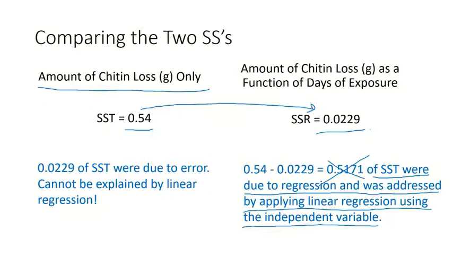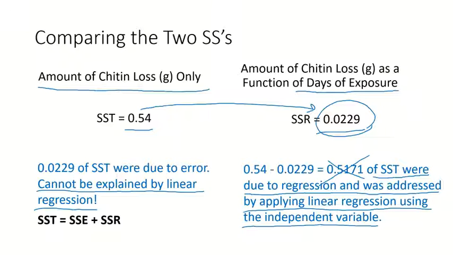Meaning to say, this error here cannot be explained by our linear regression method, or it cannot be explained by the second variable, which is the days of exposure to Serratia liquefaciens. Okay? So, not perfect, but at least we have reduced the error.